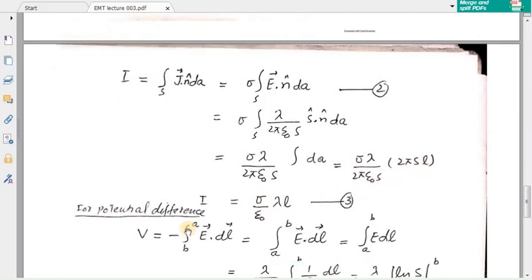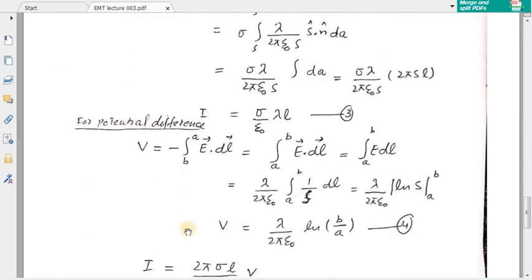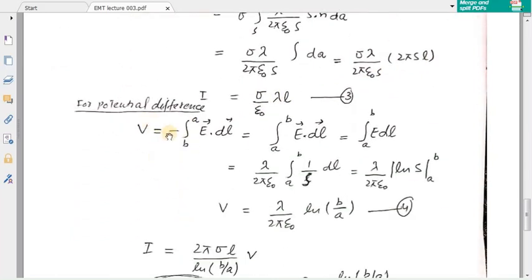For the potential difference across the two cylinders, we can write the equation as V is equal to minus integral from B to A of E dot dl. The negative sign is due to the fact that we are working in the opposite direction of the electric field. We can take it the other way around, integral from A to B of E dot dl.